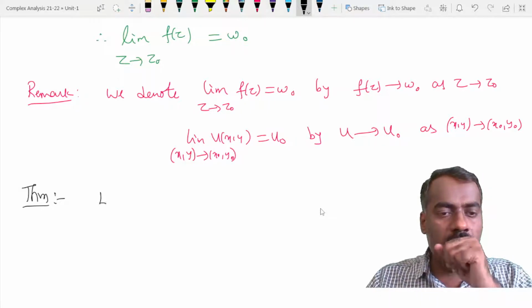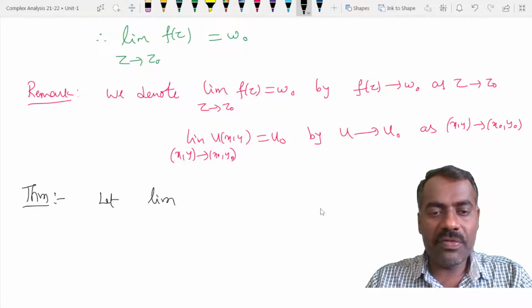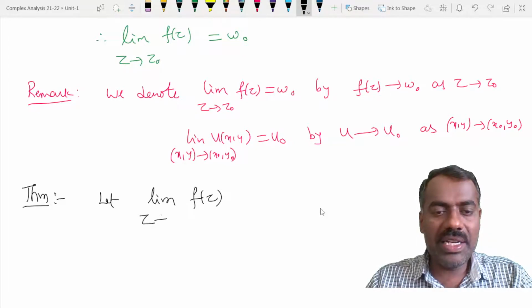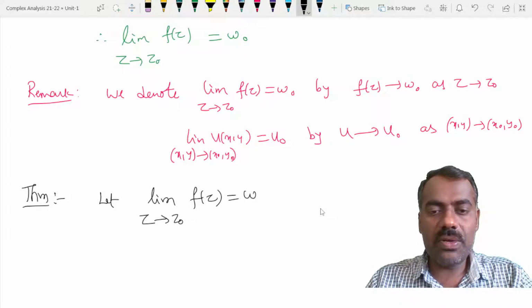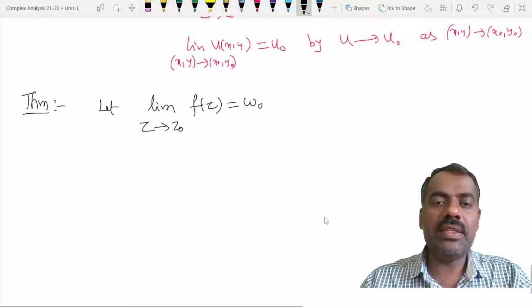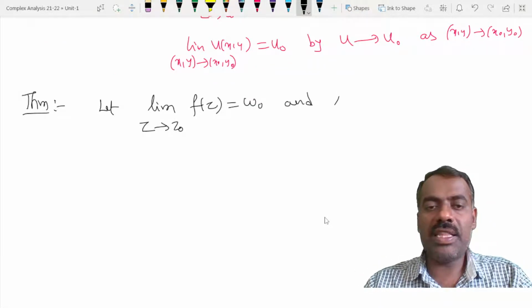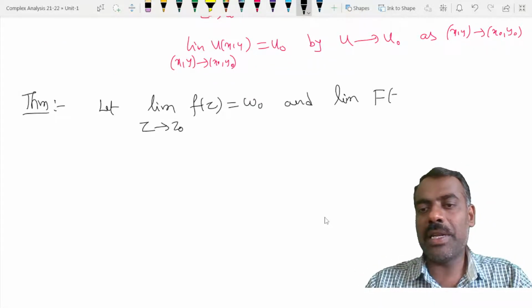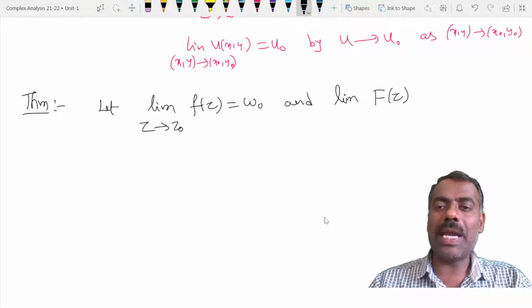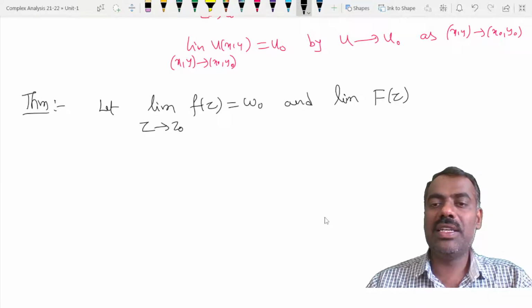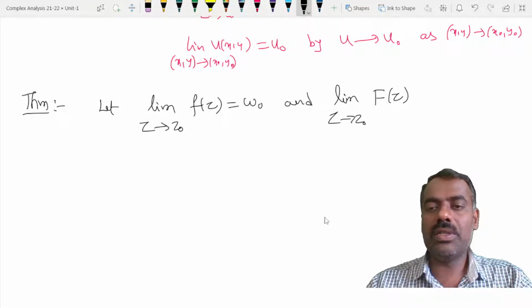So let the limit of f of z as z tends to z naught be equal to w naught, and the other function, which you can call capital F of z, or if you don't want to use capital F of z, you can take small g of z. Both are the same. It is simply notation.